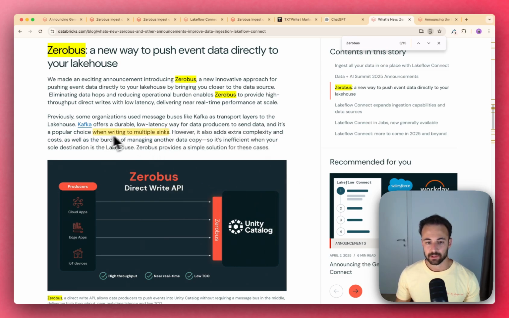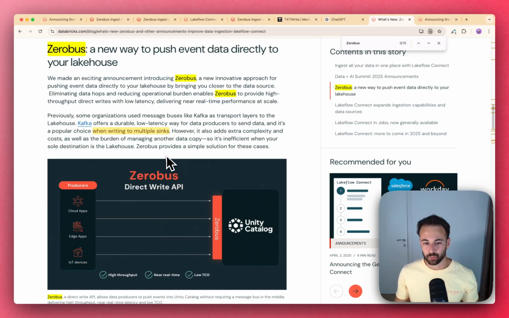One of the big things about Kafka is you can write to multiple sinks, and Kafka is an intermediate message buffer in between your data source and all those sinks. But of course, that adds complexity and cost, as they say, and that's true. And here they just want to basically hop over it. They don't want you to have Kafka. If you're going to write to a lakehouse, might as well just write to the lakehouse and not anywhere else.